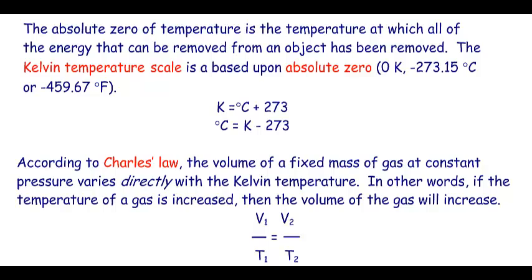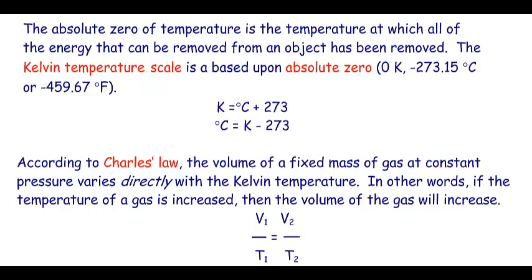Now on to Charles' law. You'll notice that Charles' law is the direct relationship between a volume of a gas and its Kelvin temperature. And you have to meet two requirements in order for Charles' law to be valid. Number one, you have to have a fixed mass of gas, and that fixed mass of gas has to be held at a constant pressure.